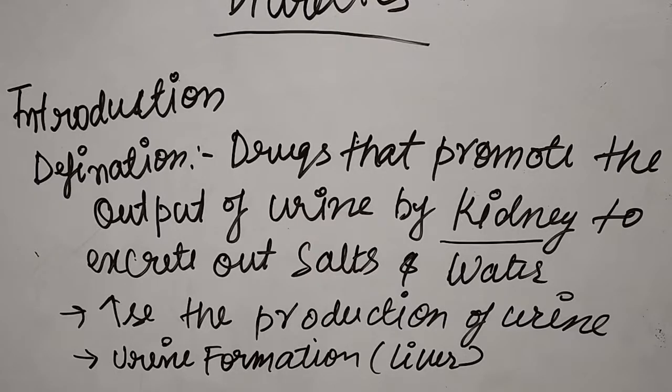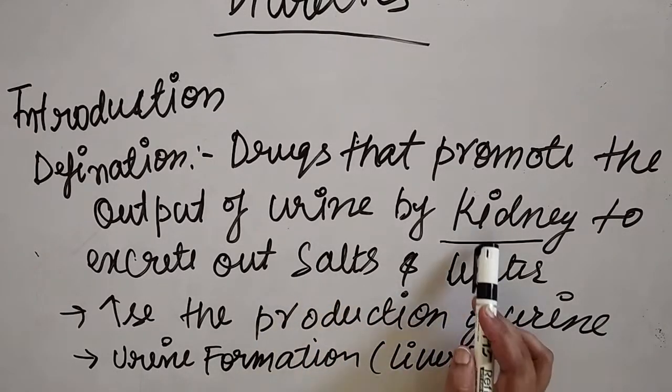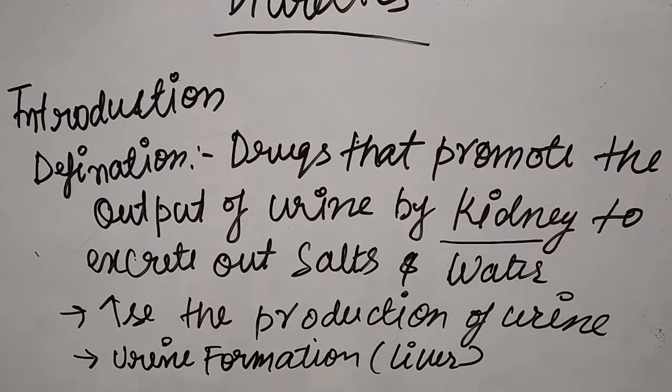So it means that if the reabsorption of salt and water in the kidney is less, they will be excreted out from our system. That is why these diuretic drugs affect the reabsorption of salt.